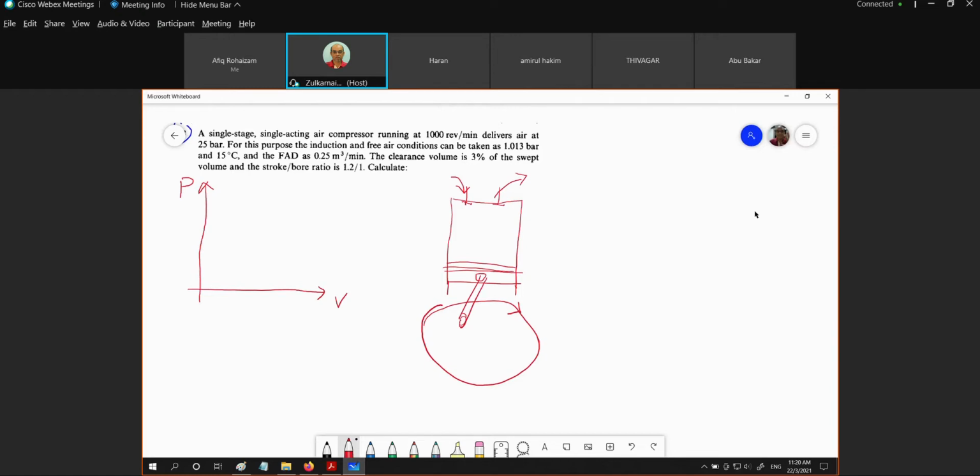Okay. And then the RPM is running at 1000. So meaning that our crankshaft is running at 1000 RPM. So we try to convert everything and put at the appropriate location. So this is our RPM, 1000. Delivers air at 25 bar. So the 25 bar is our delivered pressure.